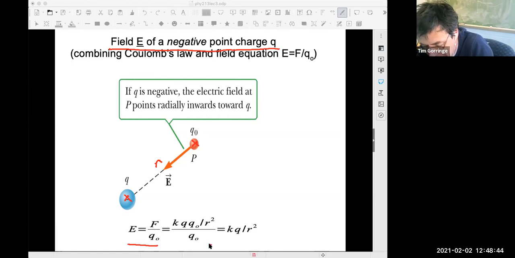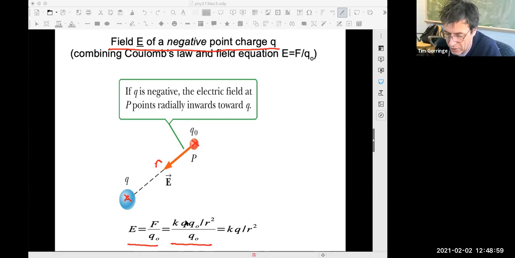I can again fill in Coulomb's law for the force between this pair of point charges, the source charge and the test charge. The size of the force is K, the Coulomb constant, times the product of the two charges, so it's Q and Q naught, divided by the square of the distance between the charges. Again, we see that the Q naught, the test charge, cancels out in the numerator and denominator.